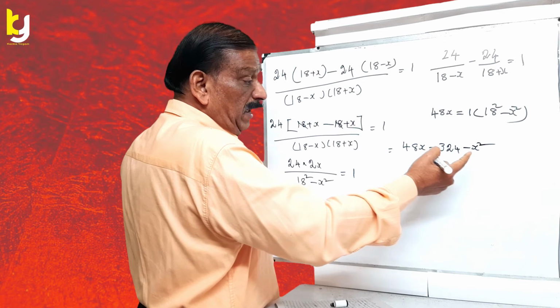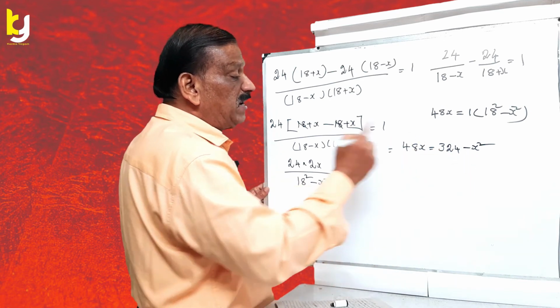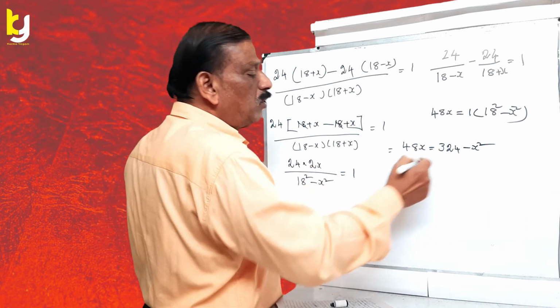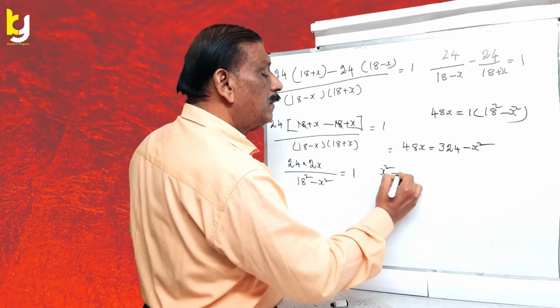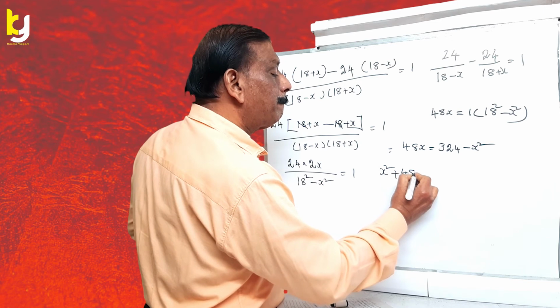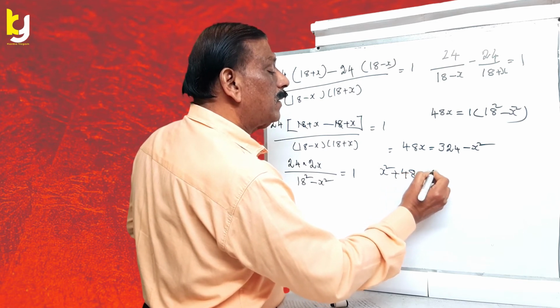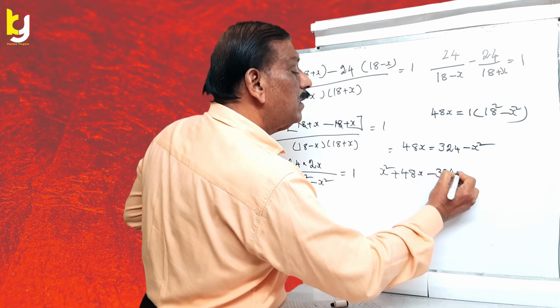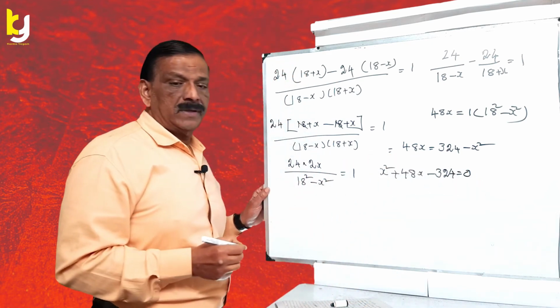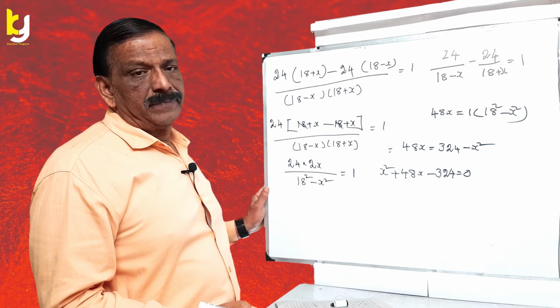Bring all the terms from the right hand side to the left hand side. Therefore, minus x square will become x square plus 48x minus 324 equal to 0. This is a quadratic equation.